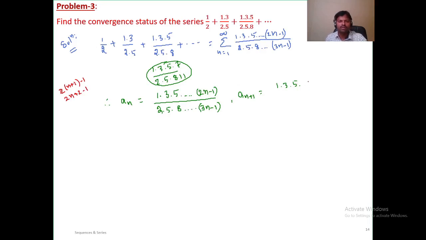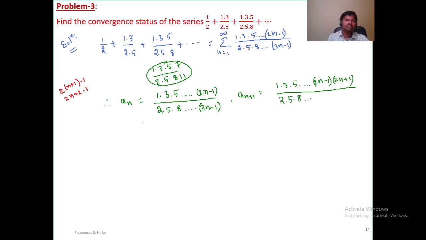So therefore here 2n minus 1 and the next one is 2n plus 1, right? 2n plus 1, divided by 2 into 5 into 8 up to so on.